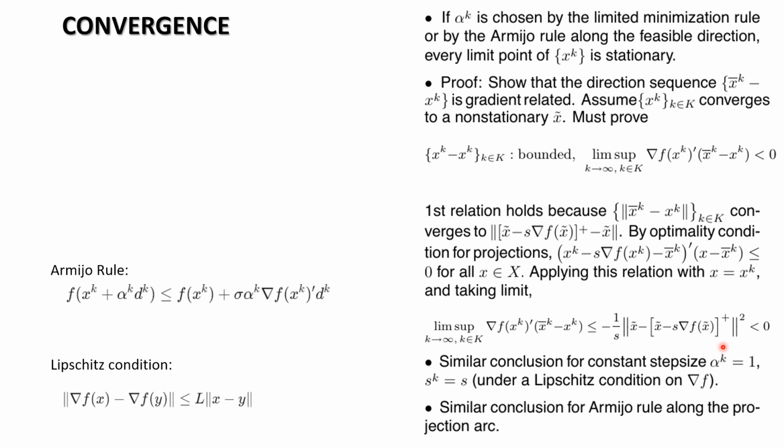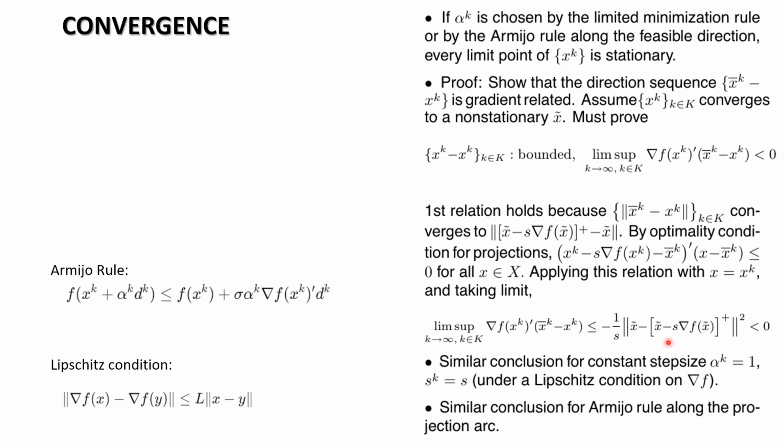So the first relationship is about boundedness. We consider this norm, and it should be bounded because x bar k is the projection of this point, so it always stays in the constraint set X, and projection is a non-expansive operation, it doesn't increase distances.